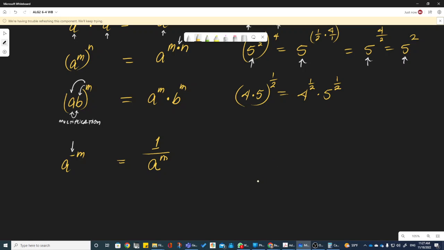Here's the example. 9 to the power of -1/2. Okay? So this is equal to 1 over 9 to the power of 1/2. Okay? And then you solve that thing.